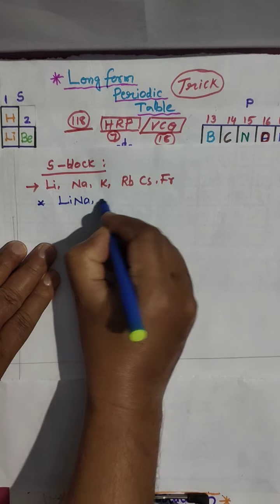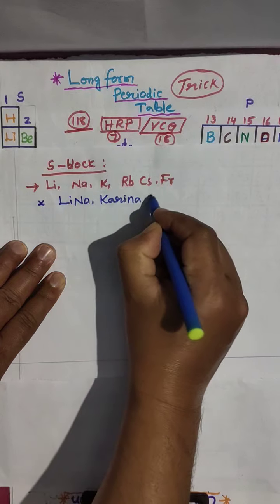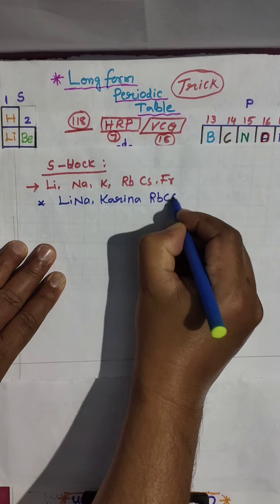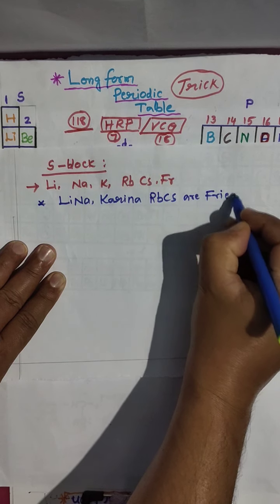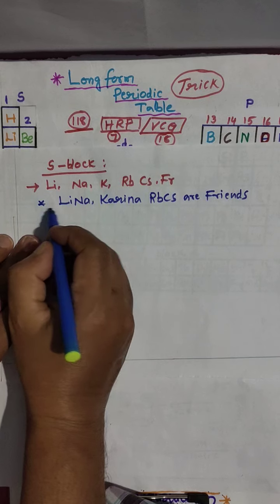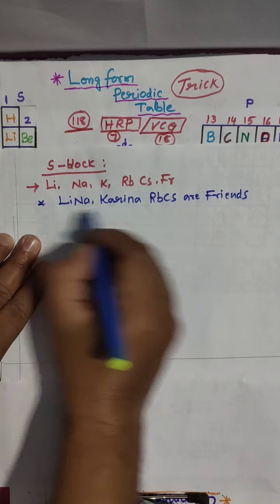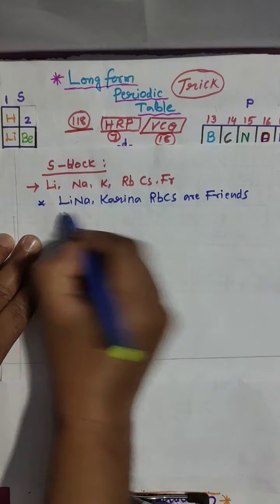Lena, Karina, RBCS are friends. If hydrogen is also included, you write Helena, then it is easy.